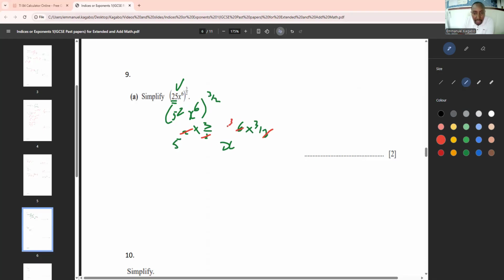I'll get 3 here, so 5 power 3, and then x power 3 times 3 gives me 9. So what's the final answer, guys? 125 x power 9.